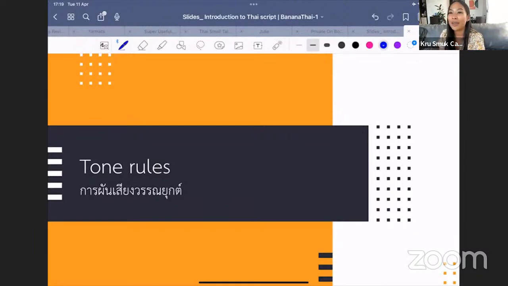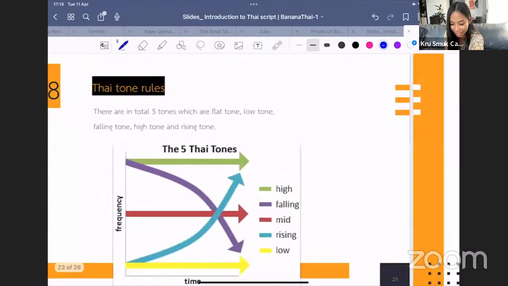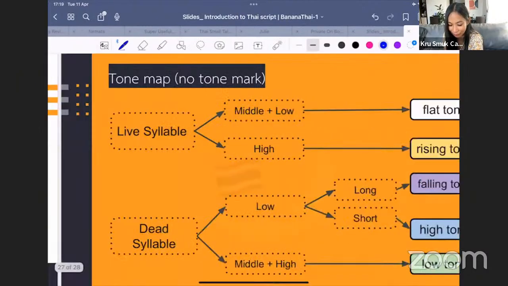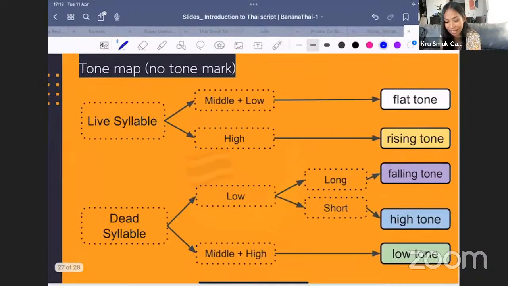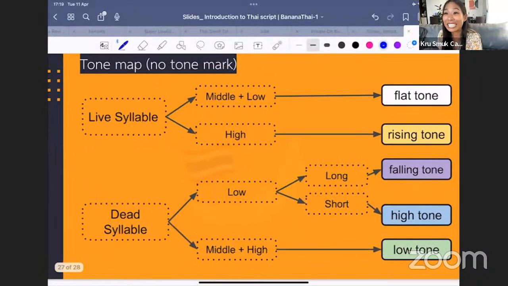Because I created, let's take a look here quickly, you see, the decision tree for you. So if you already learn all components of the tones and apply them in the different tone rules, you figure out right away what tone it is. But the difficult thing is not about tone rules, but it's about the pronunciation of the tone.